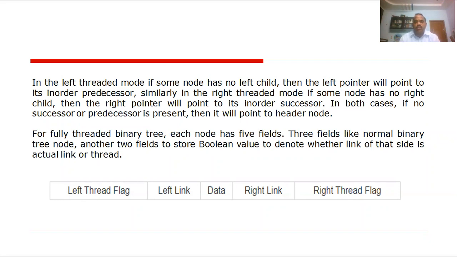Another 2 fields store Boolean values to denote whether the link of that side is an actual link or a thread. So this is the node. This has 5 parts: your data, left link, right link, then left thread flag and right thread flag. So the newly added 2 flags are the left thread flag and the right thread flag.